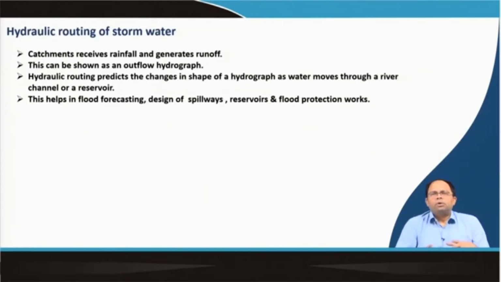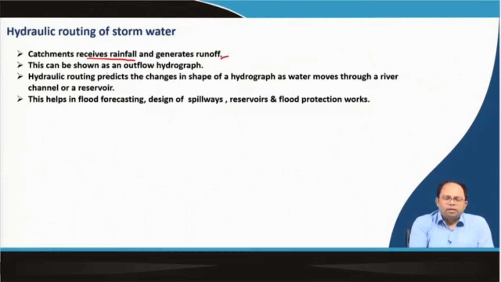Now that we have talked about stormwater open channels and drains, we also need to talk a little bit about the hydraulic routing of stormwater, because hydraulic routing of stormwater is different from the flow of water in closed conduits. Usually in case of stormwater, the catchments, as we know, receive rainfall and generate runoff, and this runoff can be shown as an outflow hydrograph.